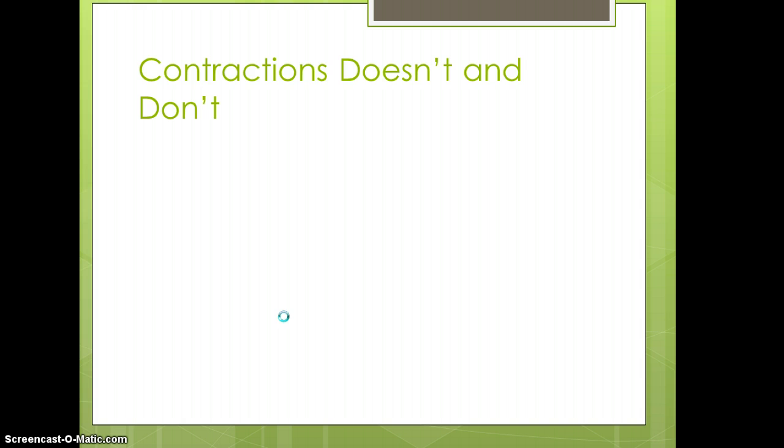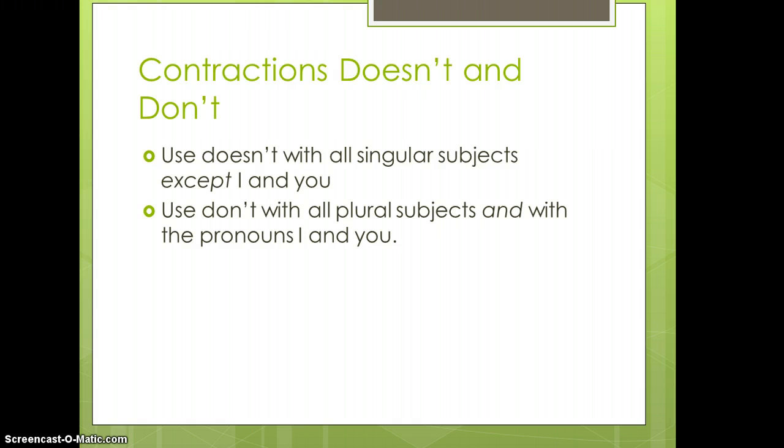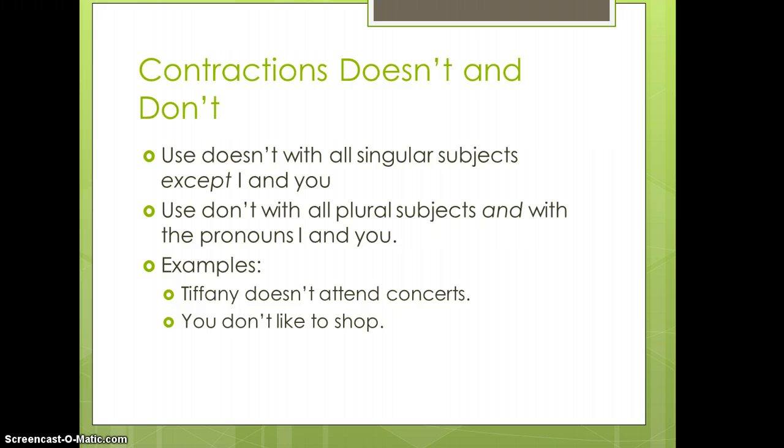Contractions: doesn't and don't. Use doesn't with all singular subjects except I and you. Use don't with all plural subjects and with the pronouns I and you. Okay? Examples. Tiffany doesn't attend concerts.